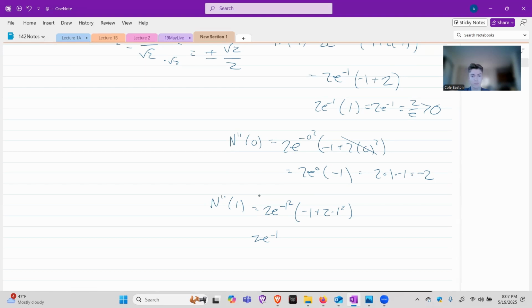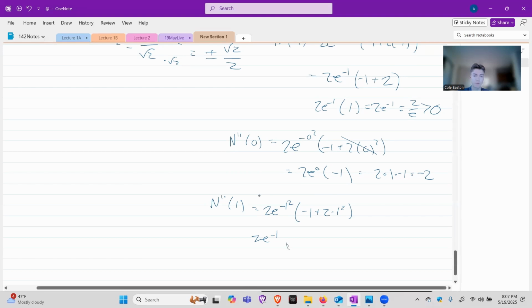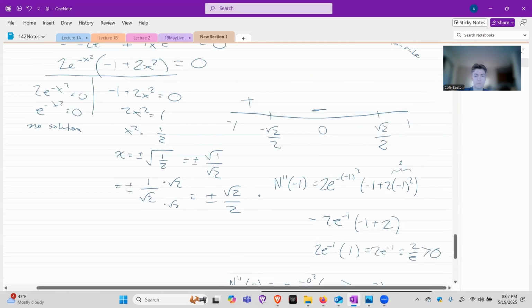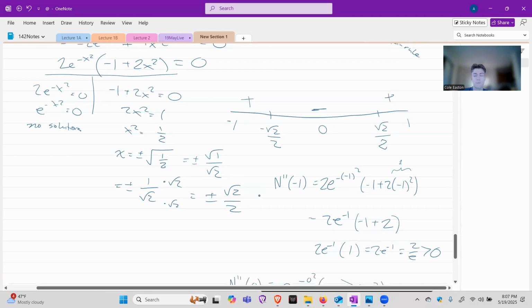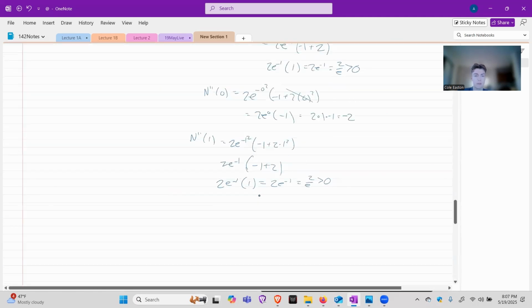We can tell what we're doing based on where the parentheses are. And then that is going to be times -1 plus 2. So that's 2e to the -1 times 1, which gives us 2e to the -1, which gives us 2 over e, which is bigger than 0. And so that means that over here, once again, we have a positive concavity.